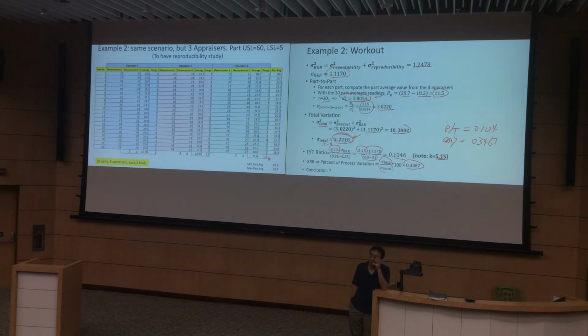And if you want to use it to measure process variations, 24% of the error. Can you use it for process control? No good, right?